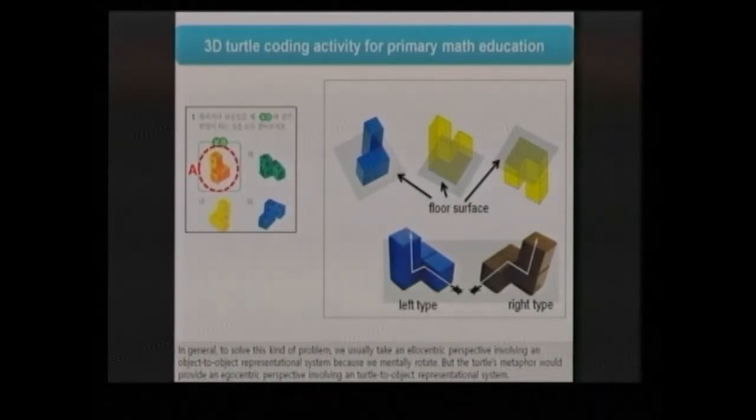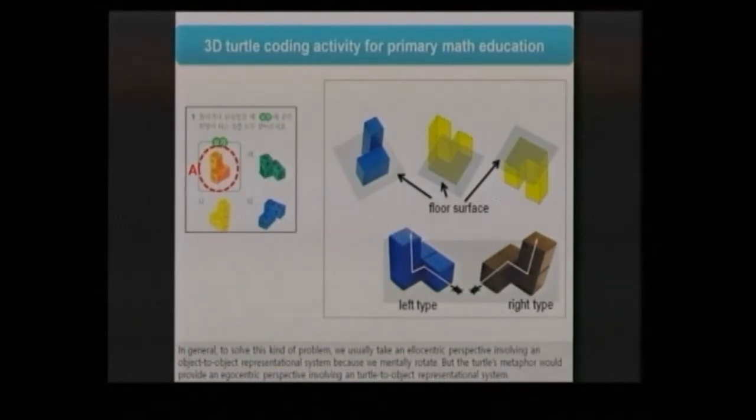In general, to solve this kind of problem, we usually take an allocentric perspective involving an object-to-object representational system because we mentally rotate. But the toucher metaphor would provide an egocentric perspective involving a toucher-to-object representational system.